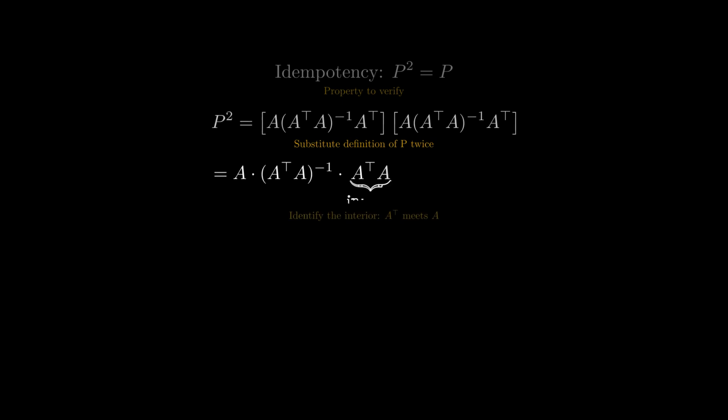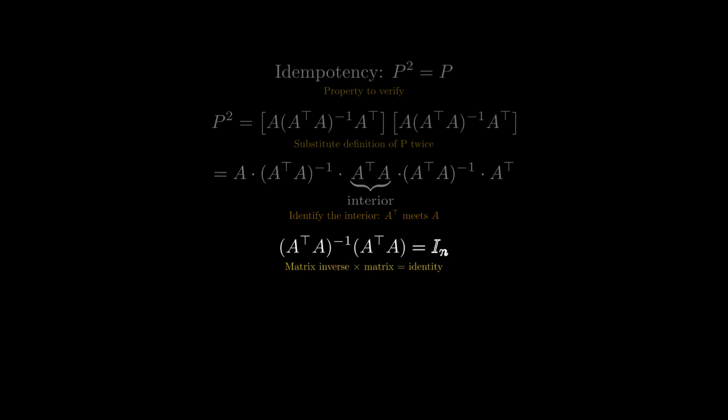Now focus on the interior of this product. Right in the middle, we see (A transpose A) inverse sitting next to A transpose times A. These two factors, (A transpose A) inverse and A transpose A, multiply together to give the n by n identity matrix. This is because a matrix inverse times the original matrix always equals the identity.